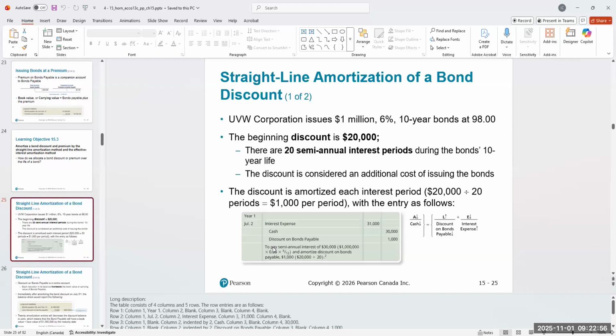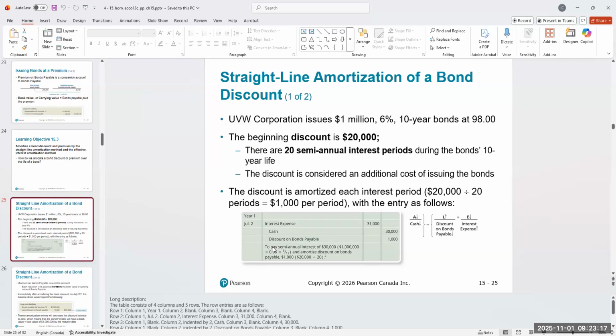So for the amortization on the discount and premium, one way to do it is the straight line method. On the straight line method, there's nothing scary. You just divide the discount by the periods of the bonds and amortize that amount every period.